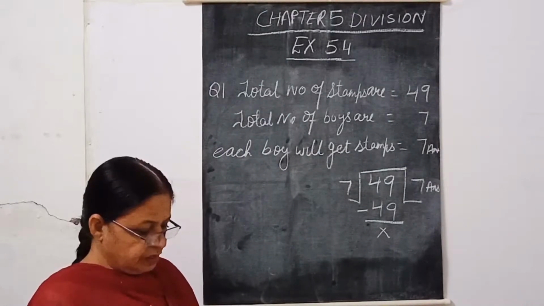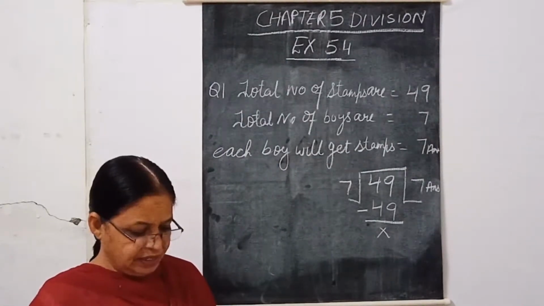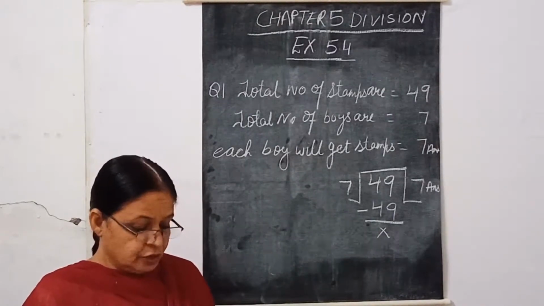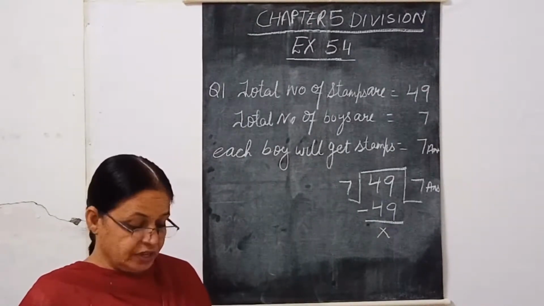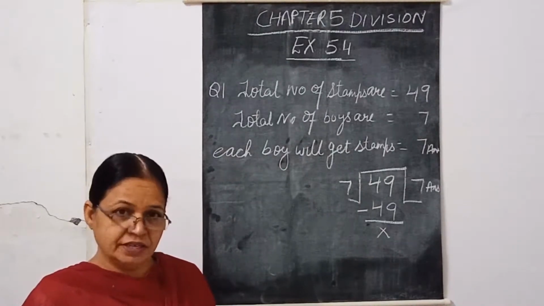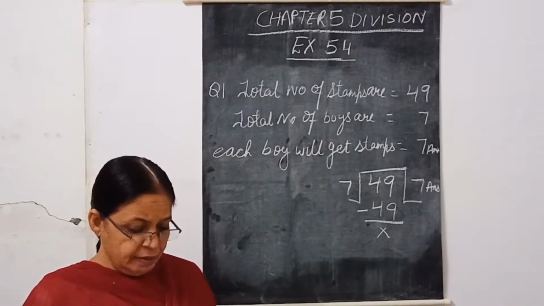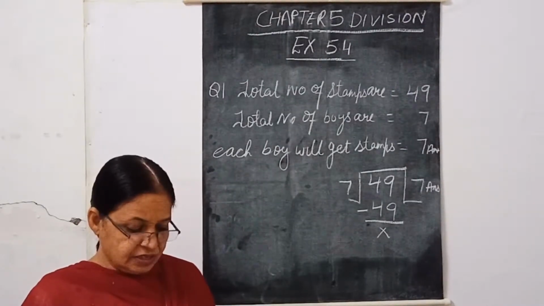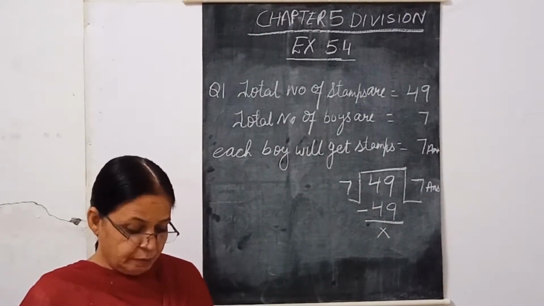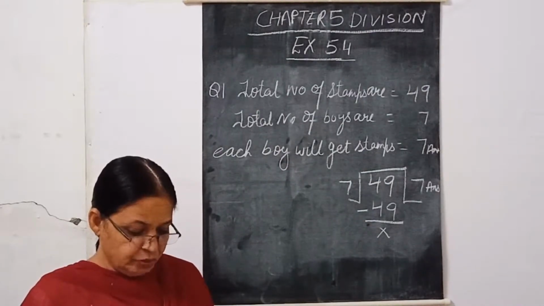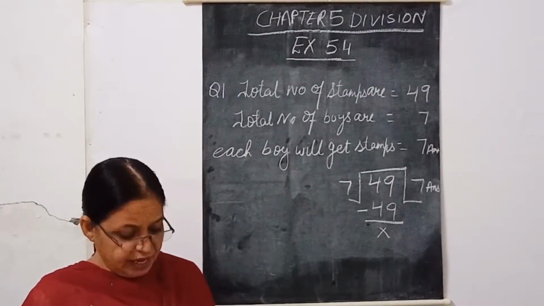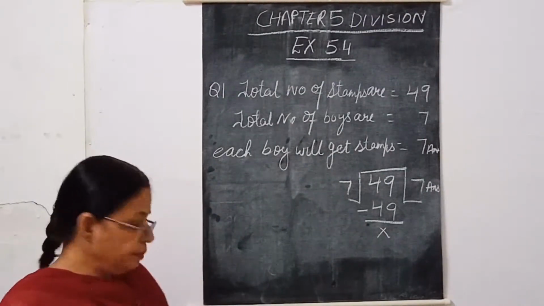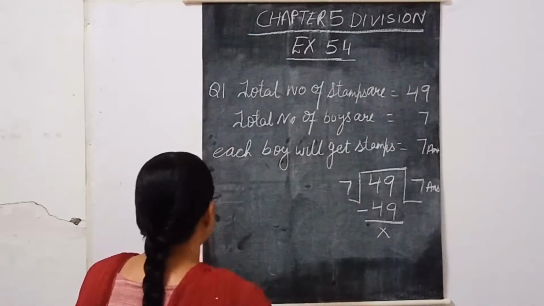Now we come to question number 3. 150 coins need to be put in 5 money banks. So total number of coins is 150, and these coins we have to put in how many money banks? 5. If each money bank has an equal number of coins, how many coins will have to be put in each money bank? This question is also the same, but I'll do it for you.